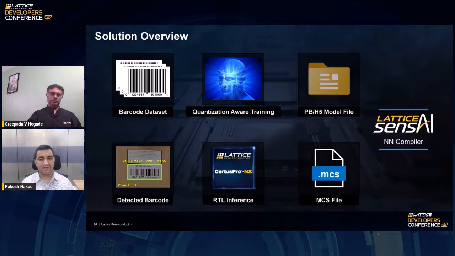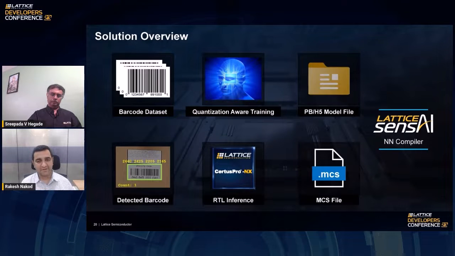Now, depending upon the architecture that you use, like TensorFlow or Keras, you will have to freeze that model file post training and you will get a frozen file format. If you are using TensorFlow, you will end up having a .pb file as an extension, and if you are using Keras, then it will be a .h5 file. Once you have this trained model file at your disposal, you have to run it through our Lattice sensAI compiler.